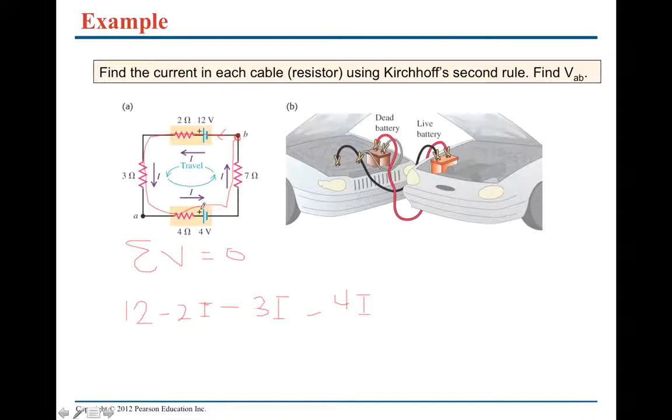This one I'm going from positive to negative. This one I'm going from negative to positive. So that was an increase, and this will be a drop. So that's minus 4 is equal to 0. And then from here I solve the equation. The only thing I don't have is I, I can solve it, and from there I get the current. Once I get the current, I have the resistors, and I can find the voltage any way I want.